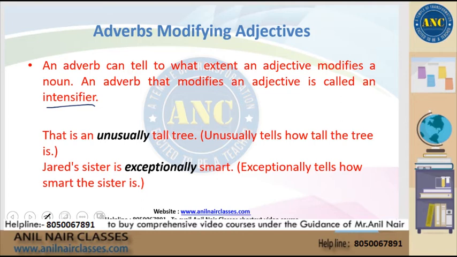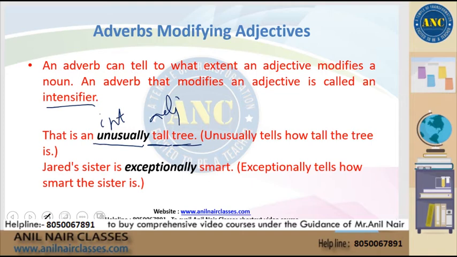This is an unusually tall tree. That means this tree is the noun, tall is the adjective, and unusually is your intensifier. It is the adverb that is giving further information about the tall tree. That means it is unusually tall.